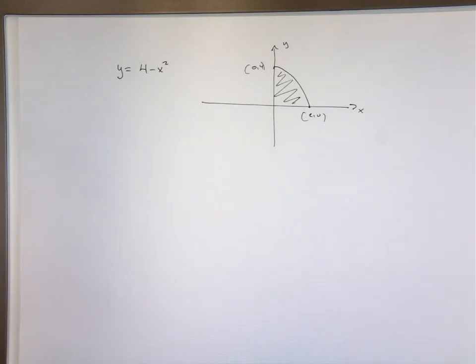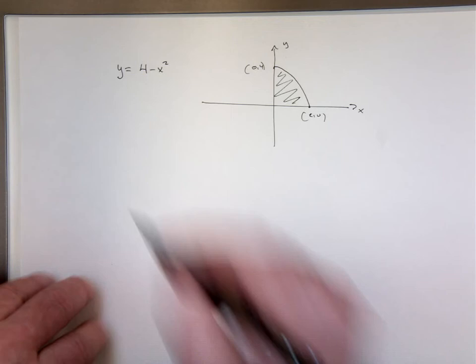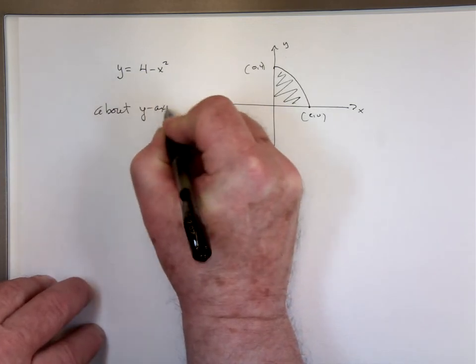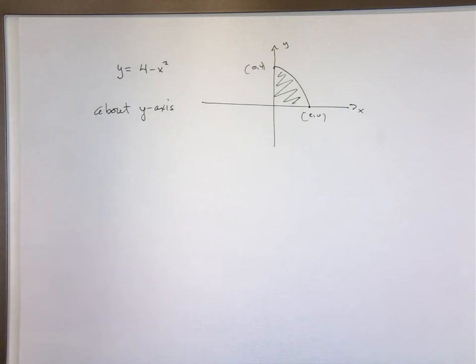So here's what we want to do. We want to take this area about the y-axis. I've got a choice. I can take my rectangle this way with a delta x and whip it around the y-axis and generate a cylindrical shell and find the volume that way.